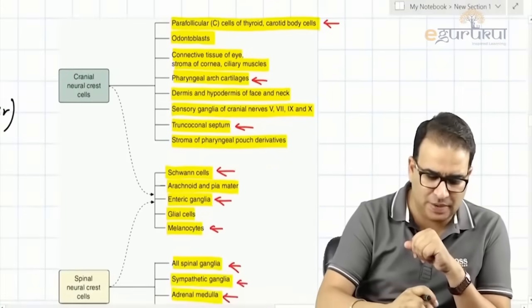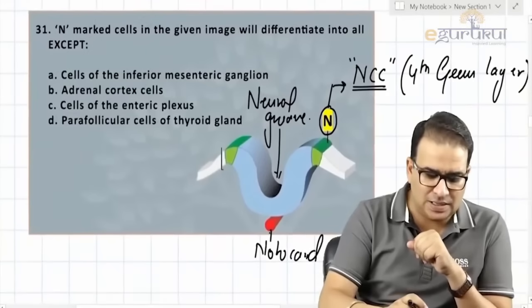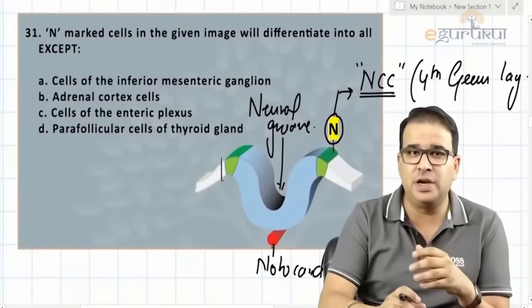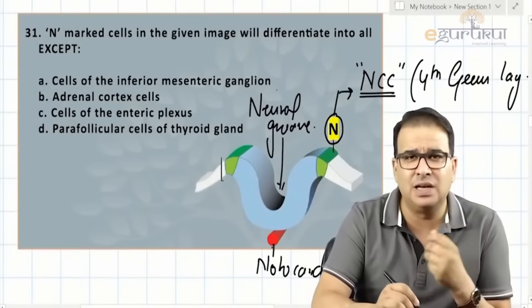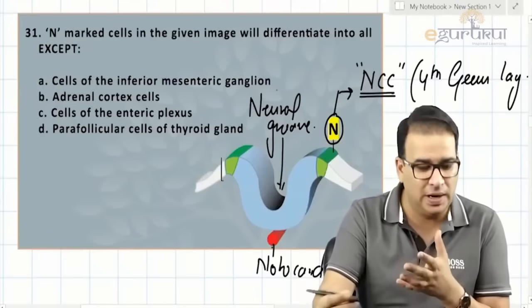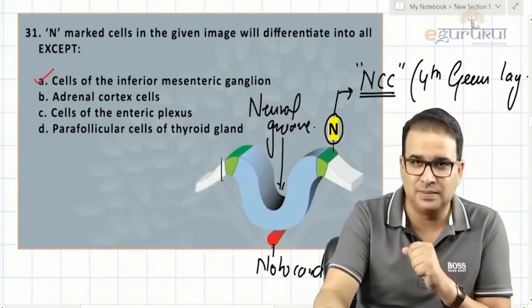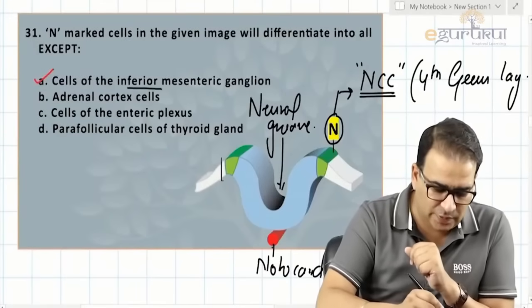Let me take you to the options here based on this discussion. Now, the question here is that N-marked cells, which are neural crest cells, differentiate into all except. First it says cells of the inferior mesenteric ganglion. Doesn't matter. If it says ganglion, it has to be part of the peripheral nervous system, so it will definitely be derived from the neural crest cells. Option B says adrenal cortex cells. Well, there we got the answer here.